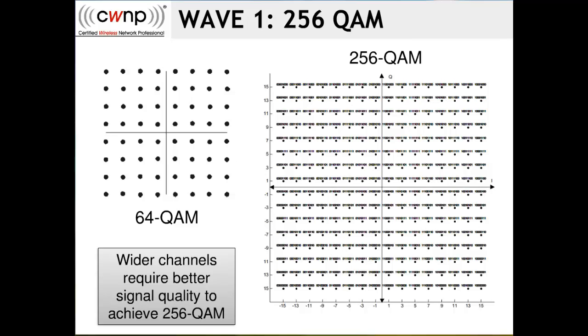There are some hints to what you could likely expect in the 802.11ac standard itself. In the standard, it talks about what you need to have as far as signal in dBm in order to actually achieve 256 QAM. And they're saying -48 with a 160 megahertz channel, -51 for an 80 megahertz, -54 for 40, and -57 for 20.